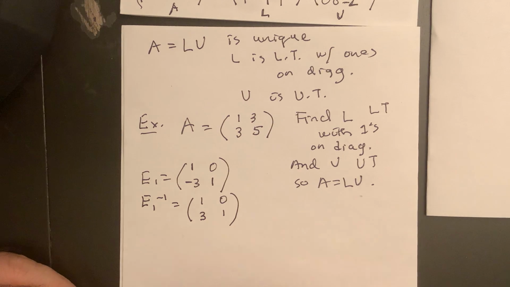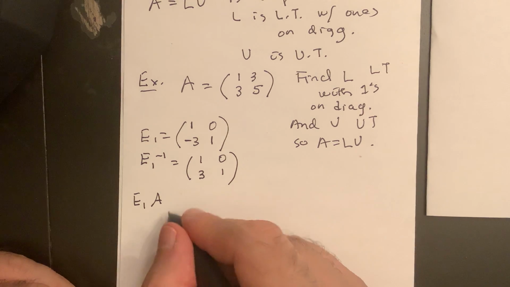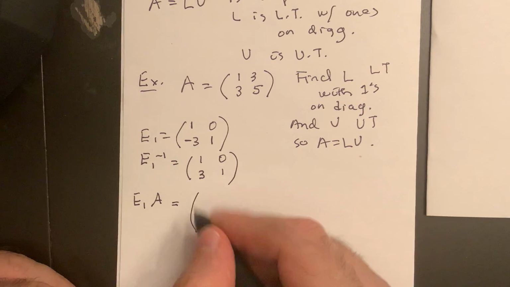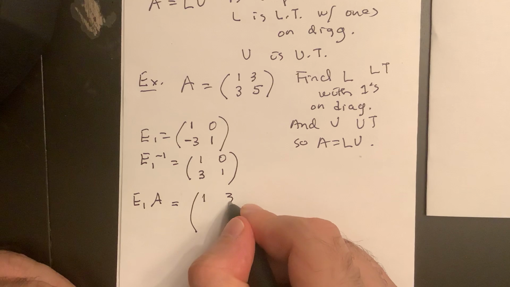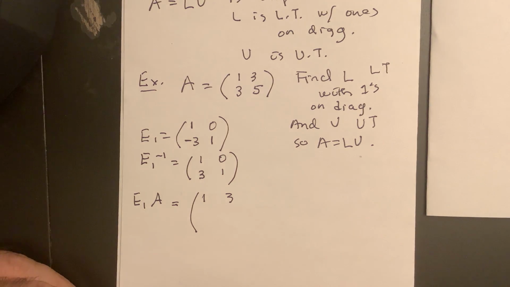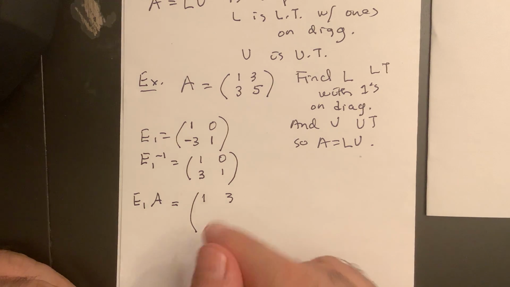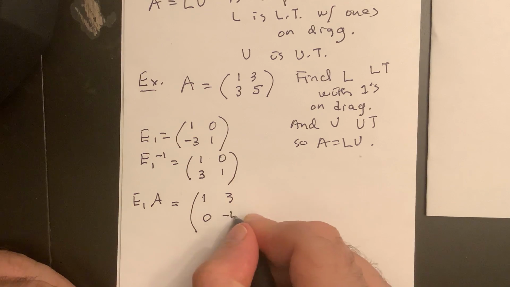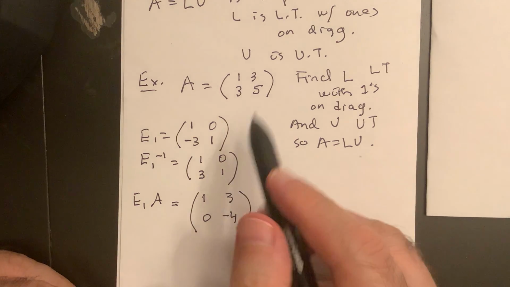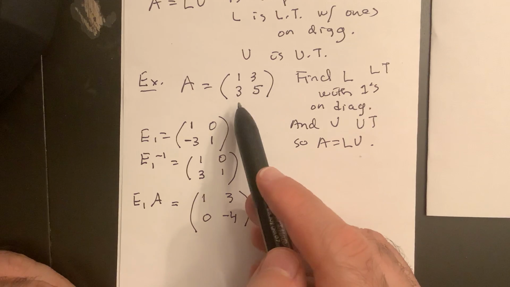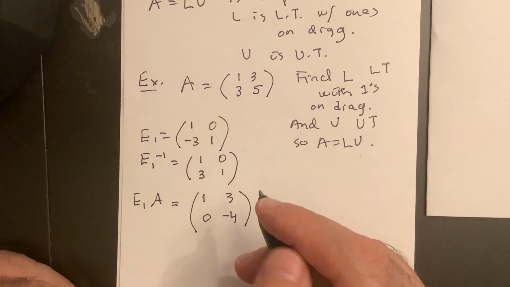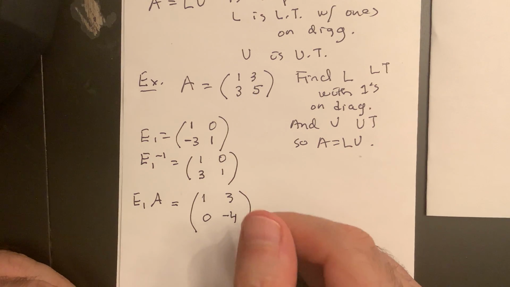So this is L, in fact, because this only has one step. So let's first write, just as if we weren't able to see this all at once, E1A, which is just 1, 3. And then what's the bottom row? Right, 0, minus 4, right? I have minus 3 times the top row plus the bottom. Okay, right. All right, so that's equal to U.